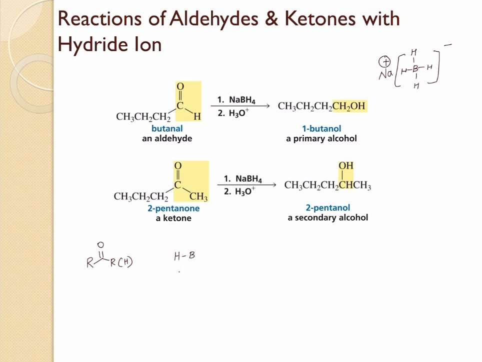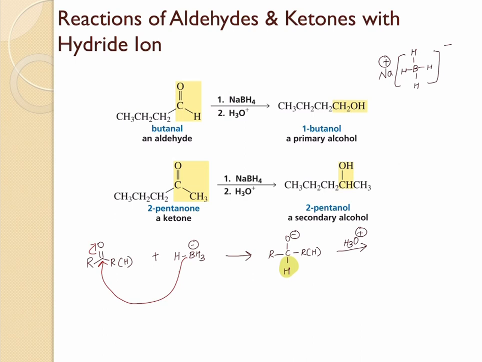So this hydride ion will make a nucleophilic attack on this electrophilic carbon, thrusting these electrons onto oxygen to give us the alkoxide ion intermediate. So this is the hydride ion that is getting added. Once this alkoxide ion intermediate is formed, it's going to react with the acid in the second step.